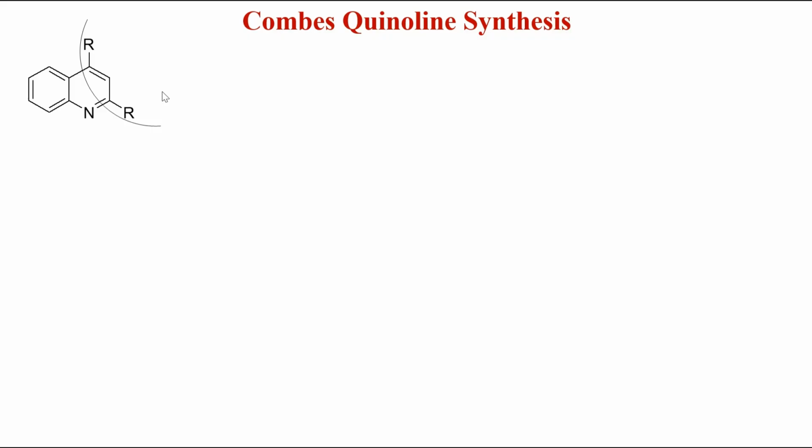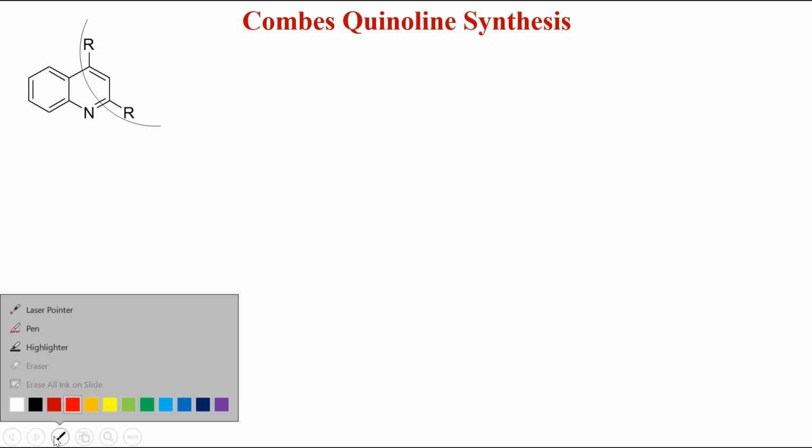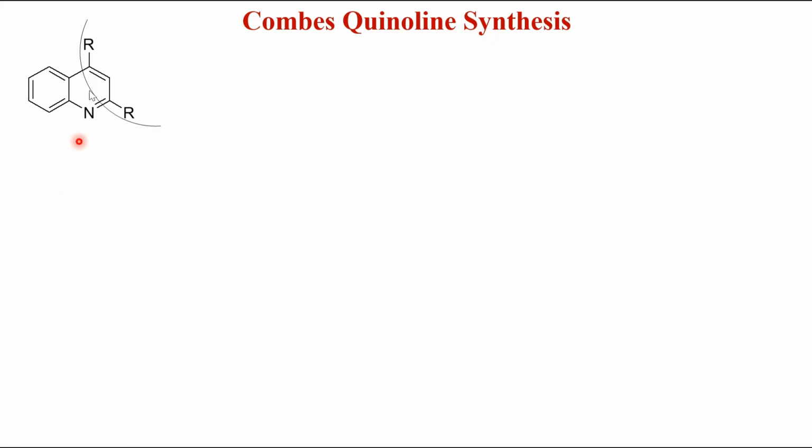Combes' approach was like this. Cut the molecule like this. If I cut over here, this is one part and this is another part. This part can act as one synthon and this part as another synthon.